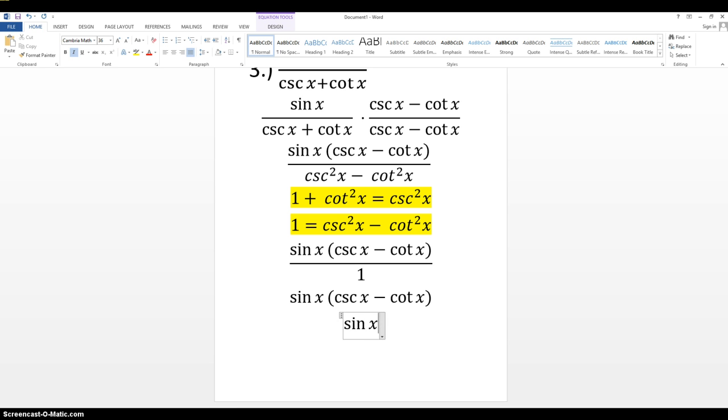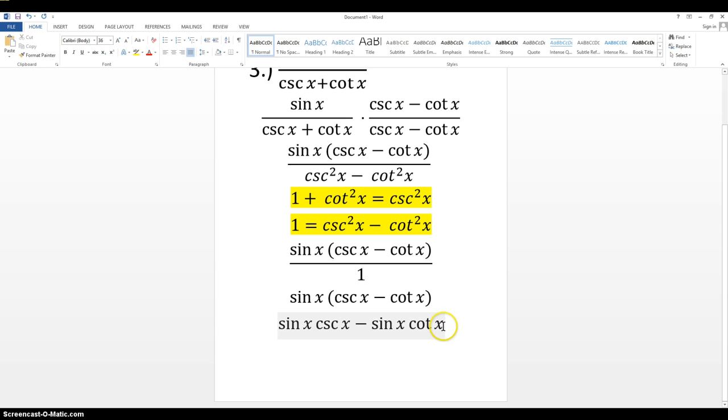Sine of x times cosecant of x. And then what's sine of x times negative cotangent of x? Negative sine of x cotangent of x. There we go. That's what I get once I distribute.